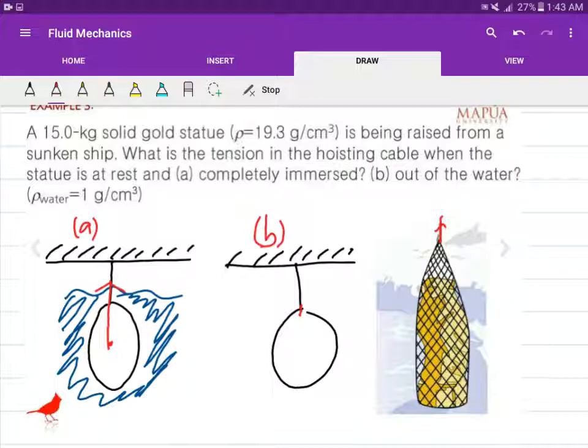In this statue, we have tension, we have its weight acting on it, and now that since it is submerged in water, there is also a buoyant force that is acting upward on it. In the case that it is out of the water, the forces acting on it are tension and its weight. So there is no buoyant force outside the water.